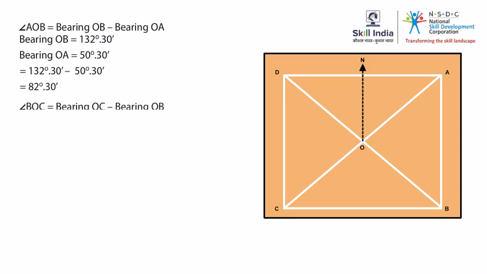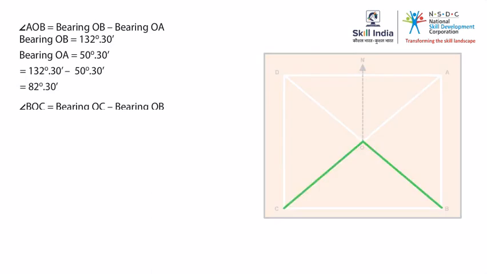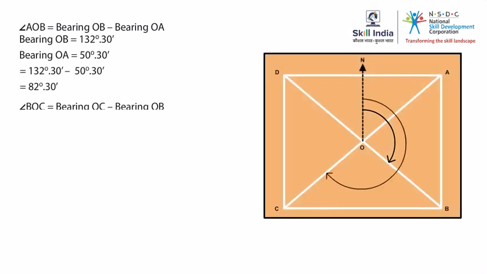Similarly, if we have to find out angle BOC, we can say that it is equal to the difference between bearing OC and bearing OB. From the diagram, we can see that bearing OC is equal to 232 degrees, 30 minutes, and that bearing OB is equal to 132 degrees, 30 minutes.